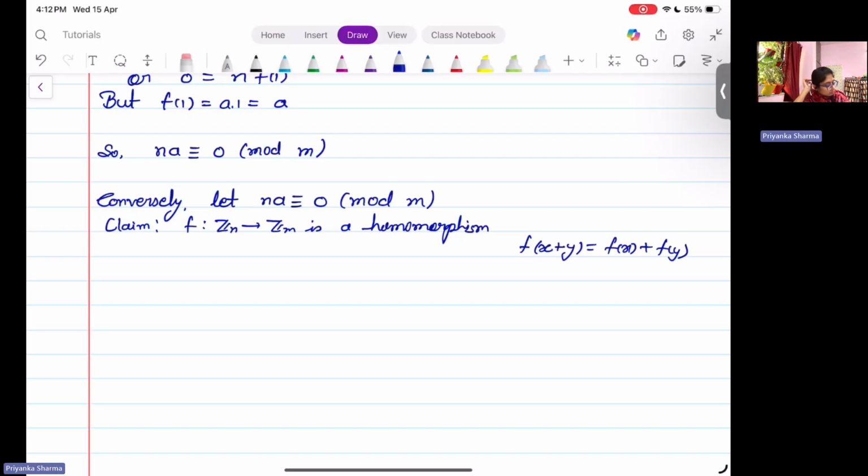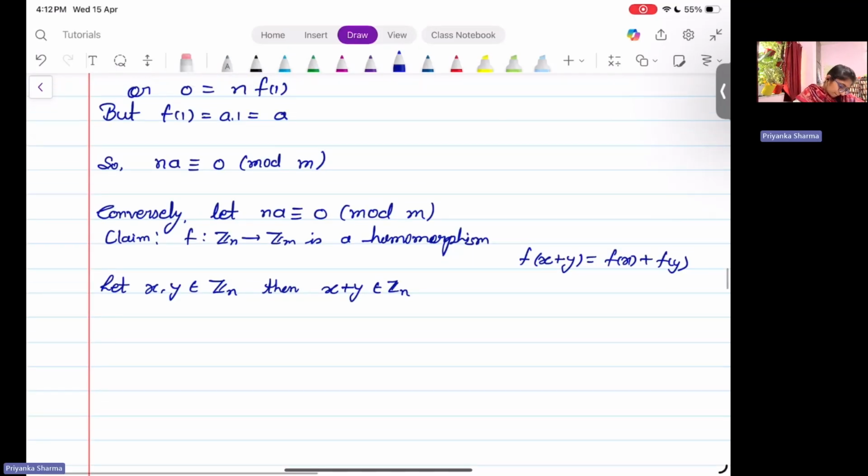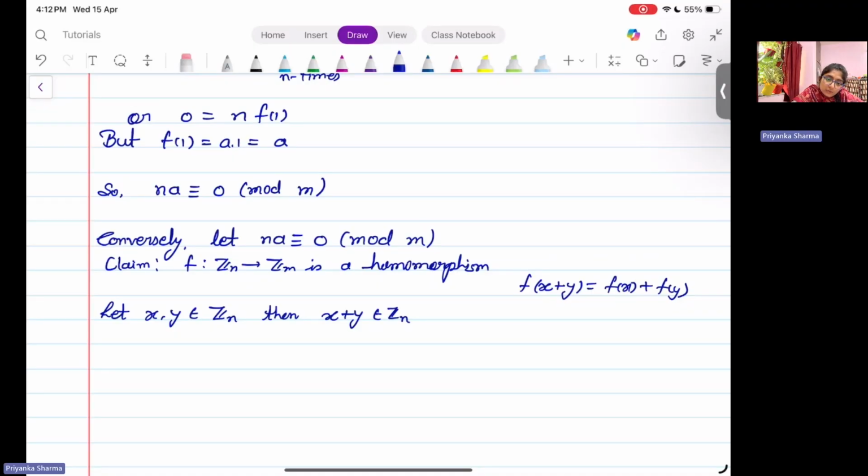So let x and y belong to Zn. Then x plus y is an element of Zn also. And we need to use this condition there.